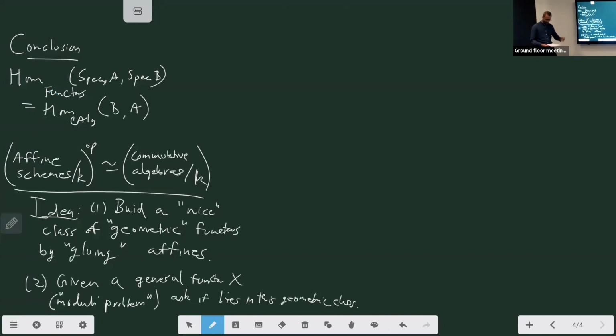So that's the general scheme of moduli problems. I'll give you some examples soon enough.